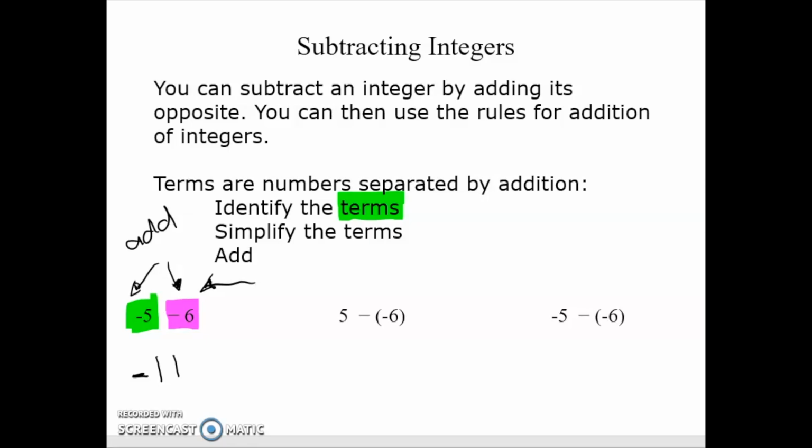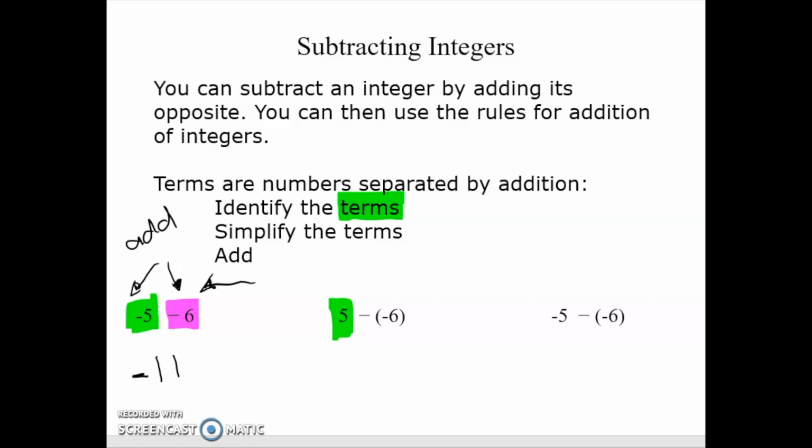Now this next one is where things get really fun. So we're looking at our terms again, and our first term is a +5. Remember, all of the symbols in front of the term are telling us whether it's positive, whether it's negative, and what we're doing with those terms. Terms are added or subtracted.